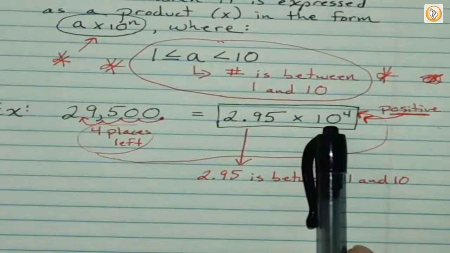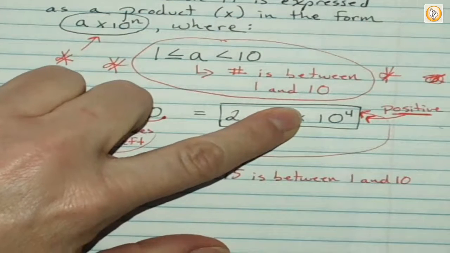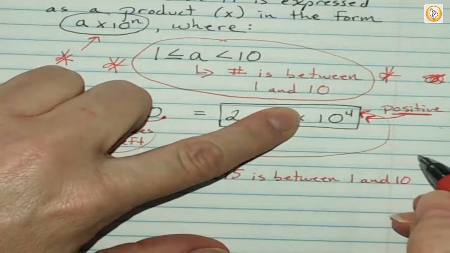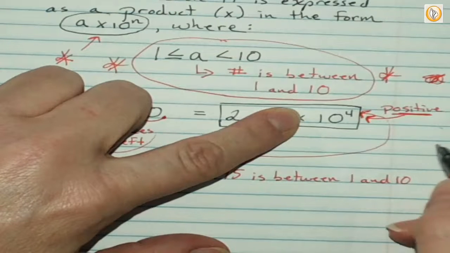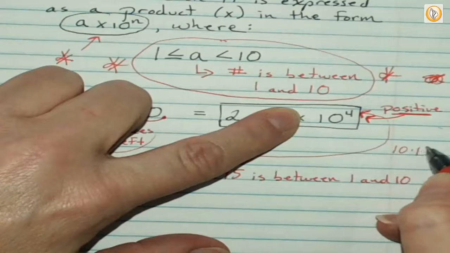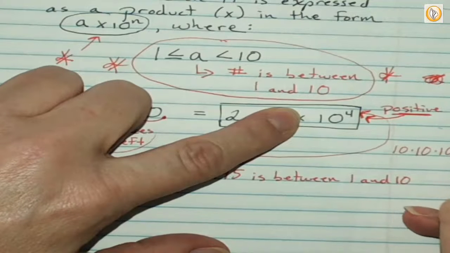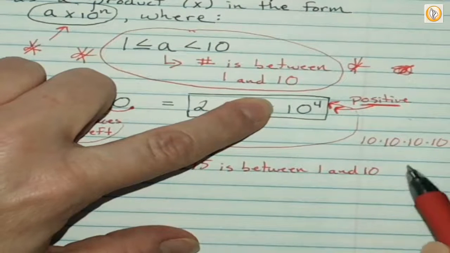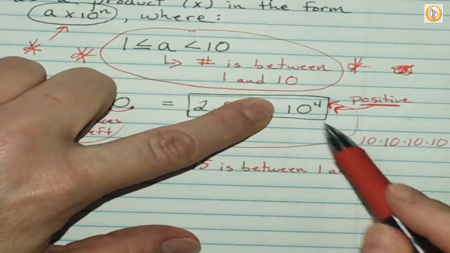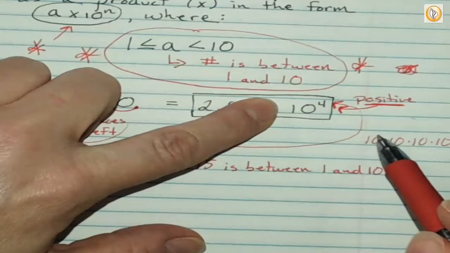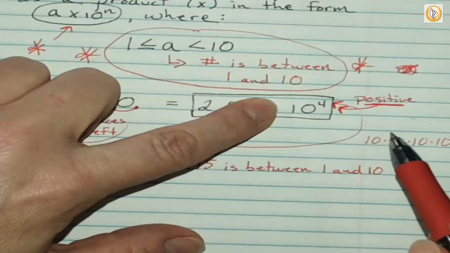Basically, 10 to the 4th power. What does that really mean? That's 10 times 10 times 10 times 10, correct? 10,000.